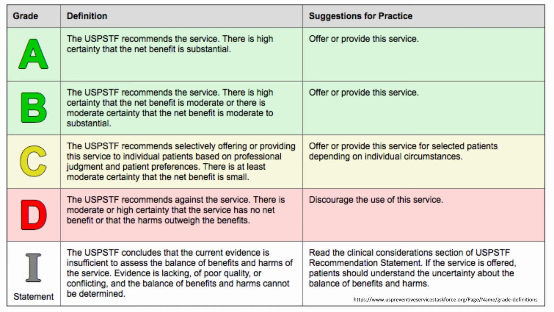And then you have D, where they're pretty confident that this doesn't do anything, or that it may actually cause harm, so they're recommending that you do not do this practice. And then I suggests that the evidence out there is inconclusive. There are different types of schemes for doing this type of ranking, but when clinical guidelines are developed, they're going to be using some scheme that typically looks something like this.